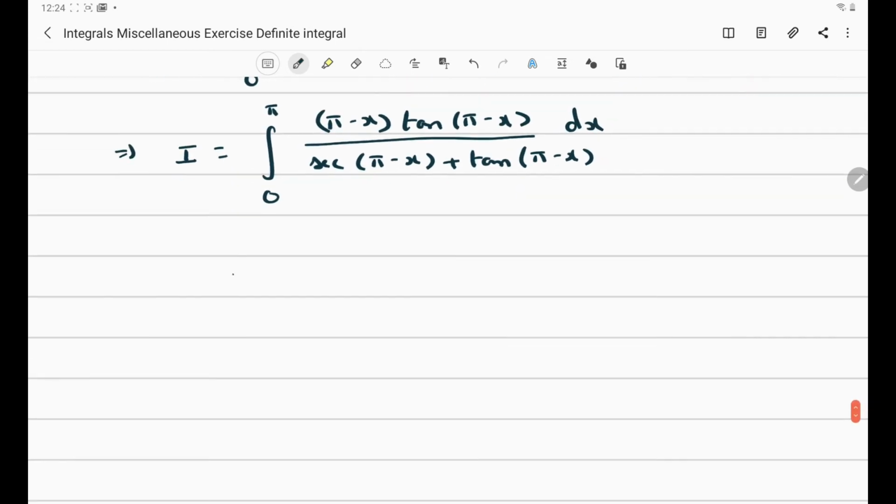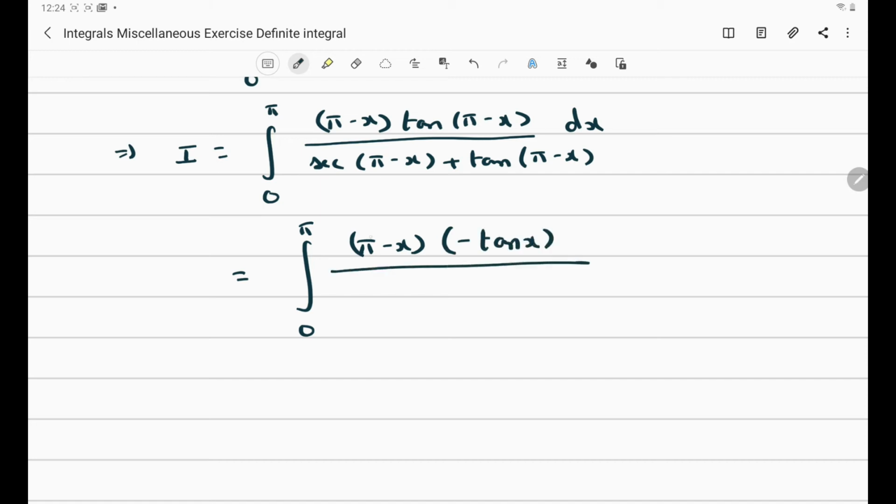So which is equal to integral 0 to pi, pi minus x into tan of 180 minus alpha is minus tan alpha, so minus tan x, divided by secant of 180 minus x is minus secant x, and tan of 180 minus x is minus tan x dx.